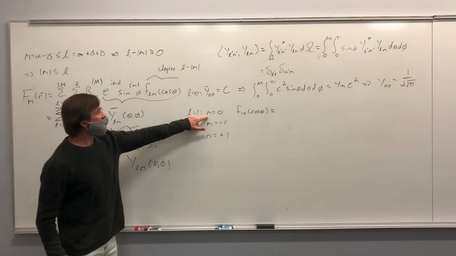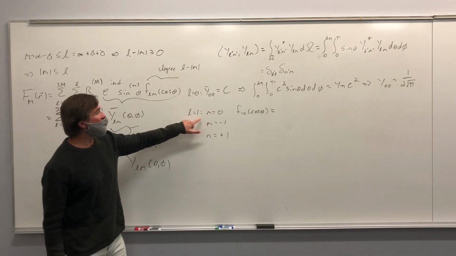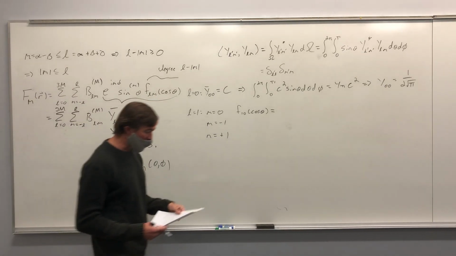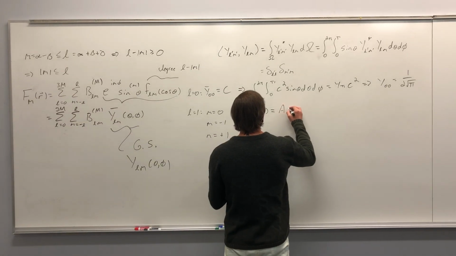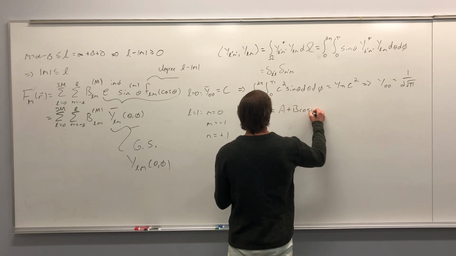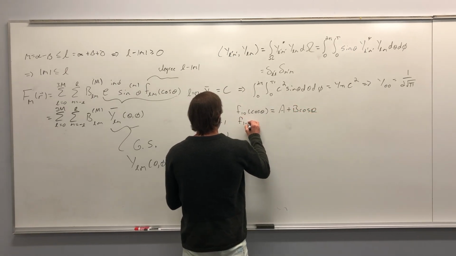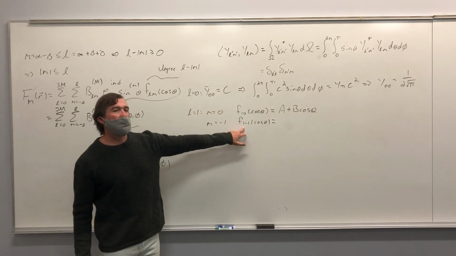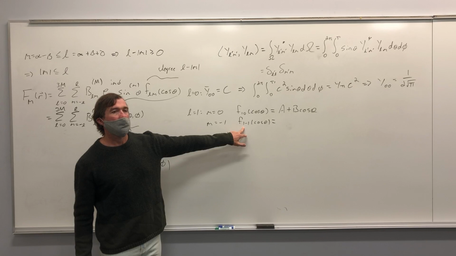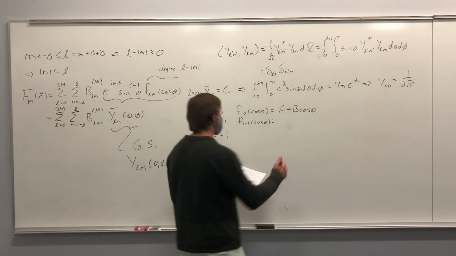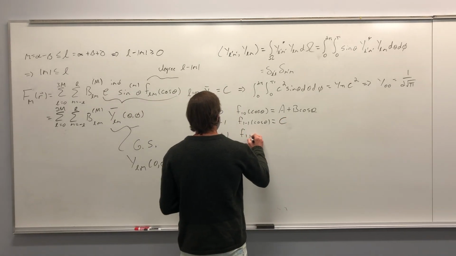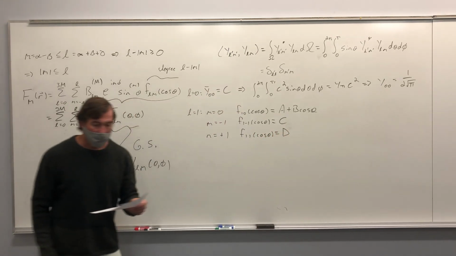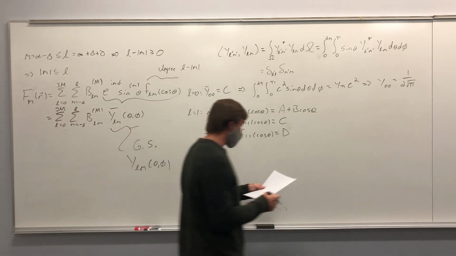If m is equal to 0 and L is equal to 1, what is the degree of the polynomial F_10? It's 1, so we can write this as a plus b cosine theta. What is the degree of the polynomial when m is minus 1? It's 0, so this is again a constant. And when it's 1, it's also 0. So again, that's a constant.